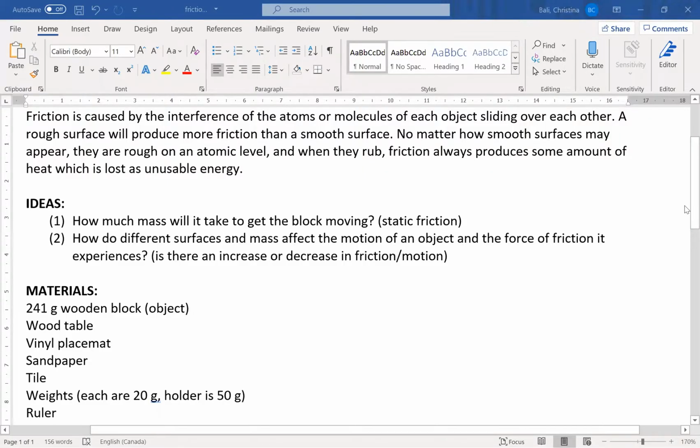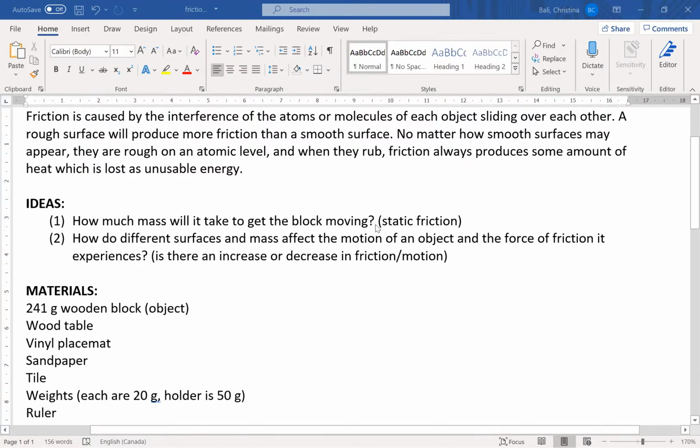When I was thinking about my design, the ideas that I wanted to test were how much mass it will take to get the block moving, as well as how do different surfaces and mass together affect the motion of an object and the force of friction it experiences. So is there an increase or decrease in friction or motion for the object?